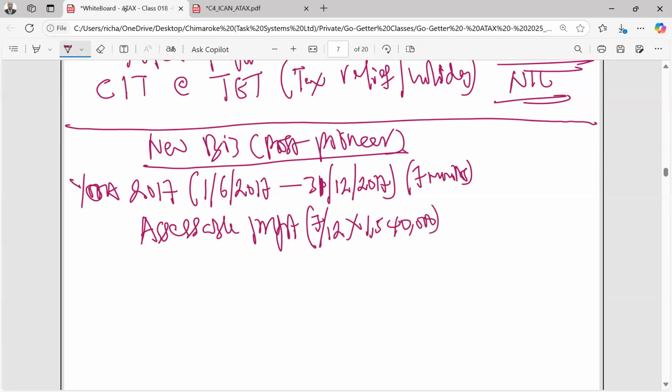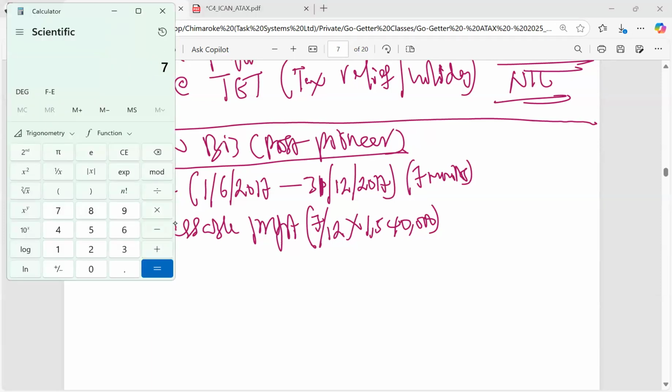1,540,000. So let's do that here and get our accessible profit. 7 divided by 12 multiplied by 1,540. That's going to give us, wow, this is a funny figure. Let's calculate again. 7 times 1,540 divided by 12.